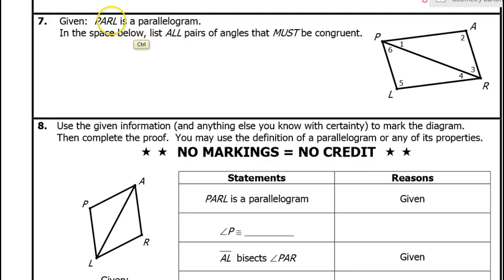So, given that PARL is a parallelogram, in the space below, list all the pairs of angles that must be congruent. Okay, so opposite angles are congruent. So that means that angle 5 must be congruent to angle 2.